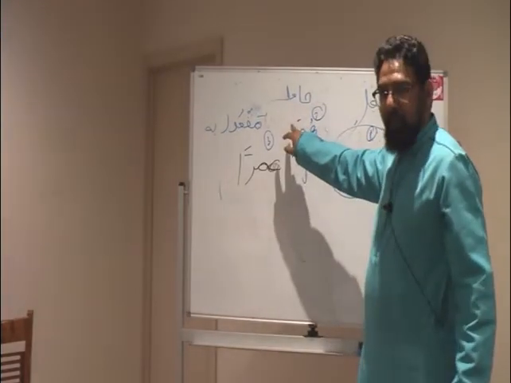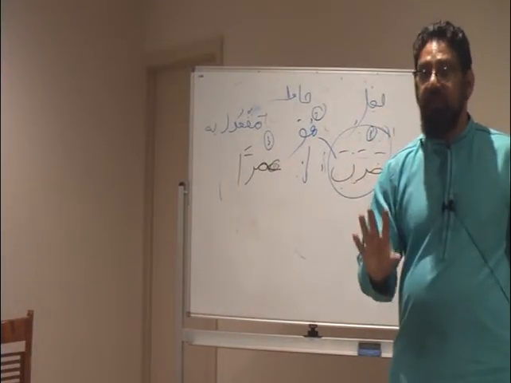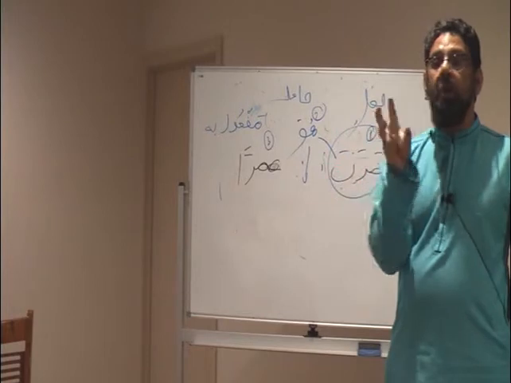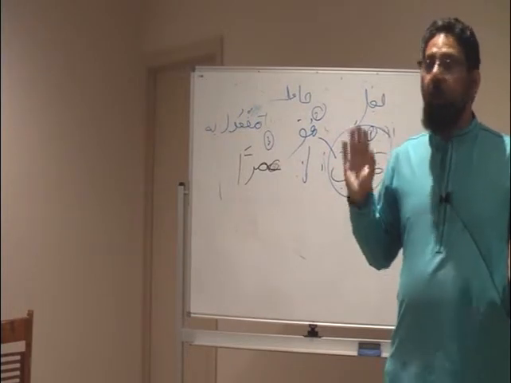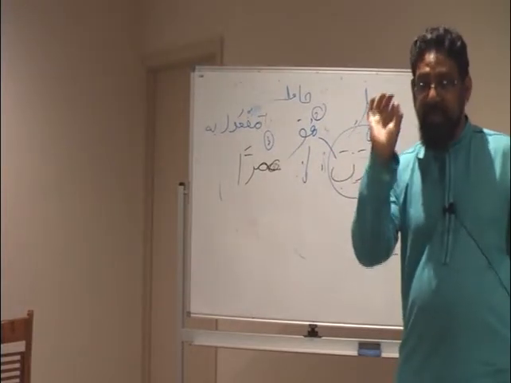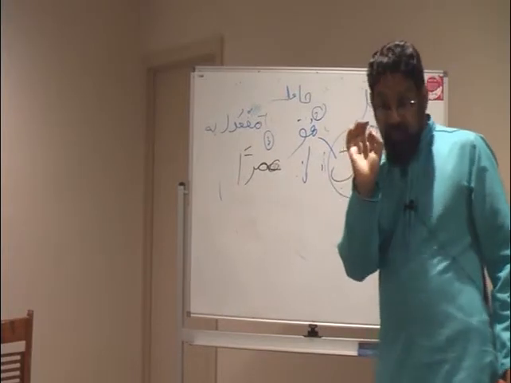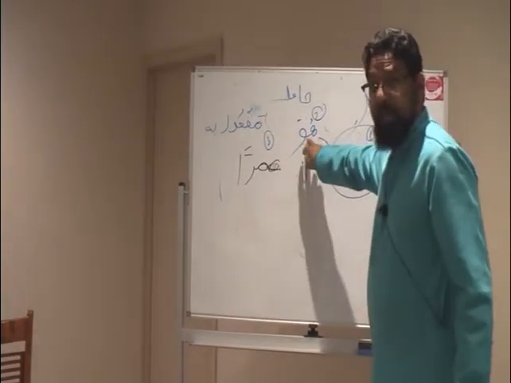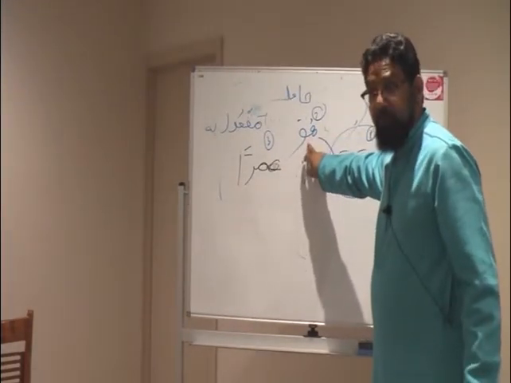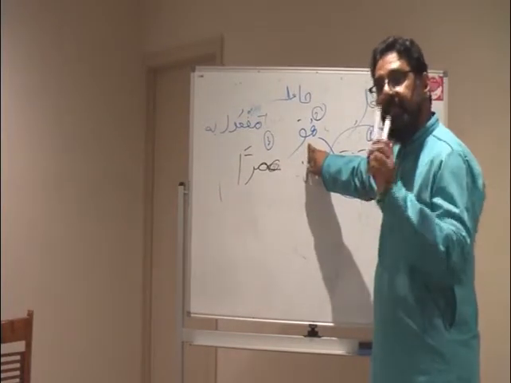Because it doesn't have a dhamma, because it's one of those words, and personal pronouns are an example where there is no change in its reflection. It's always huwa, whether it's an object or whatever it is, it always remains in the same state. Same tashkil. But it is still in a state of rafa, but it's mabni, meaning that it does not reflect, but it's still in the state of rafa.